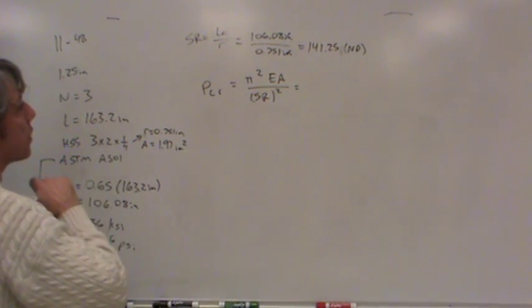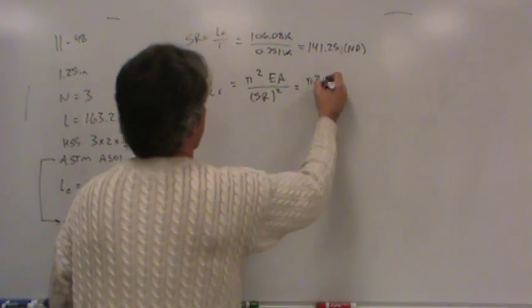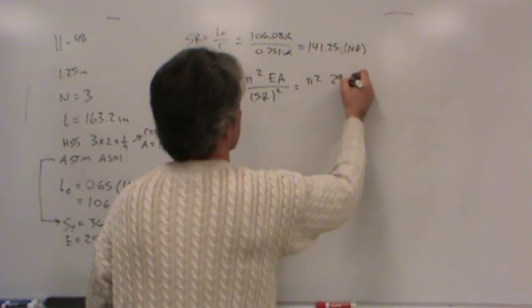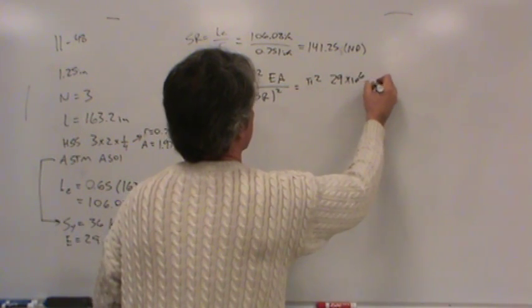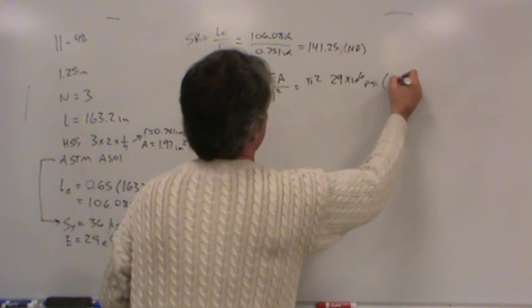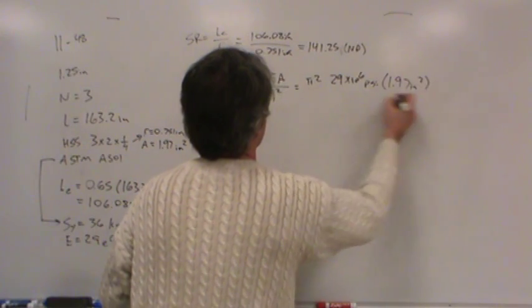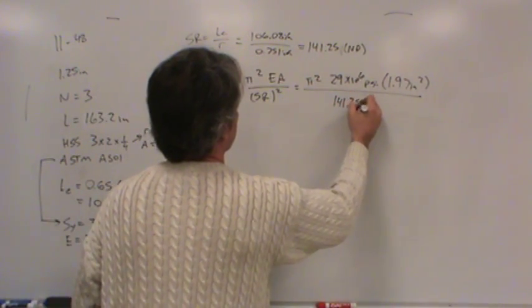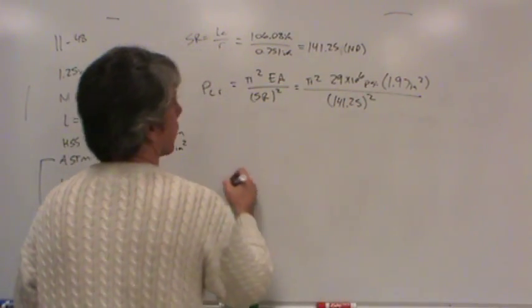Okay, let's see. So we have pi squared, E again is going to be 29E6 psi, times 1.97 square inches, divided by the slenderness ratio, 141.25 squared.